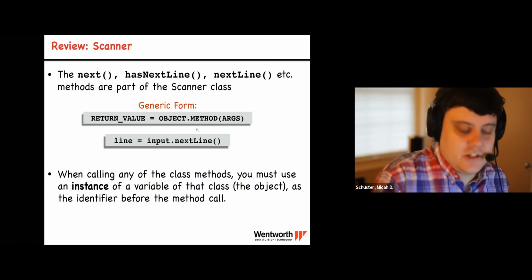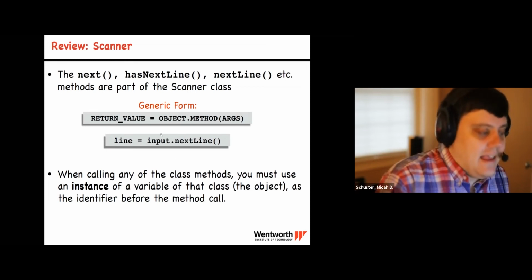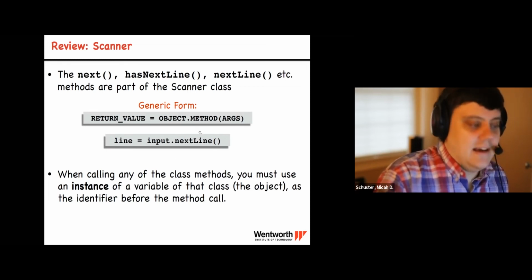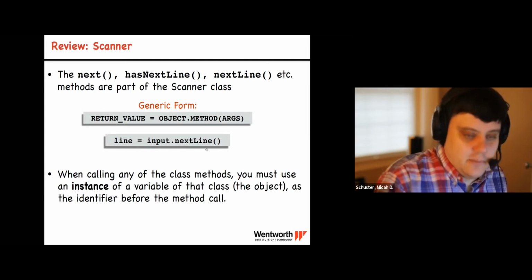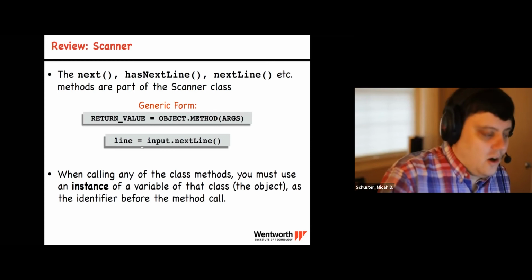If it has a return value, then you capture that return value. That's why we've always written input, the object name, dot nextLine, which doesn't take any arguments, and we save that into, in this case, a string variable called line.